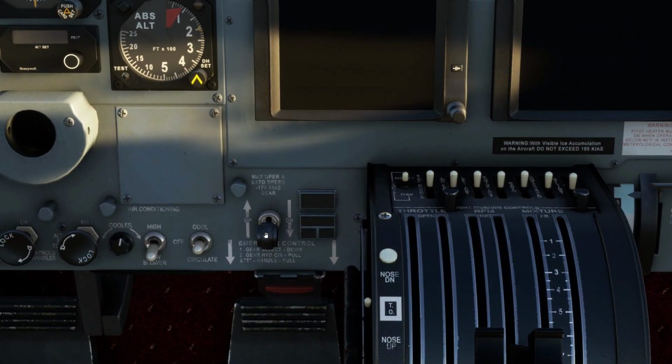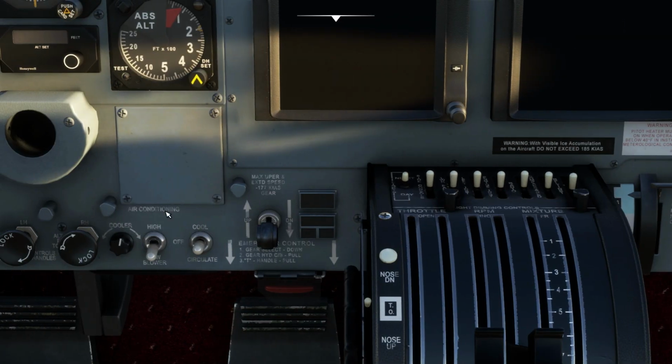This is the normal gear handle, and this is the emergency gear control. This operates that bottle in the nose of the aircraft. This is the lighting, the inside lighting, the instrument lighting system.